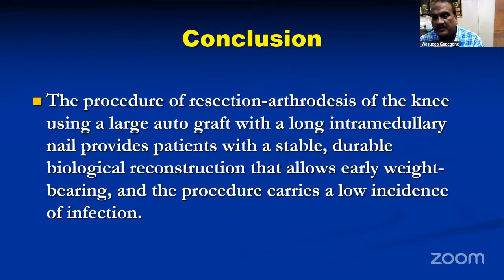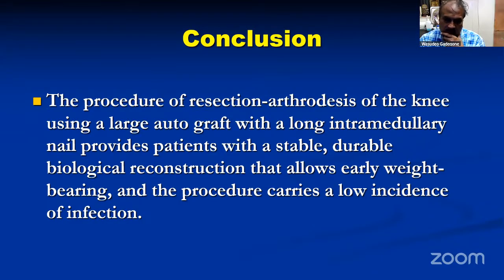In conclusion, the procedure of resection arthrodesis of the knee using a large autograft with a long intramedullary nail provides patients with a stable, durable biological reconstruction that allows early weight bearing, and the procedure carries a low incidence of infection.